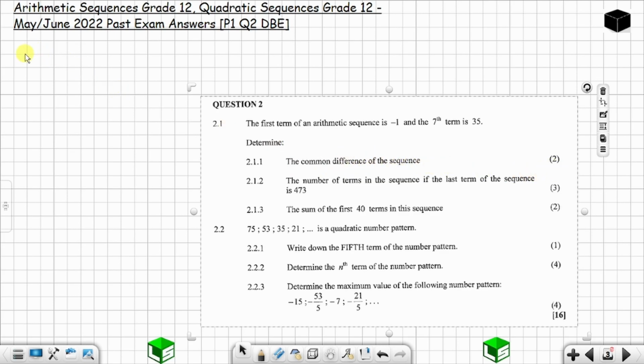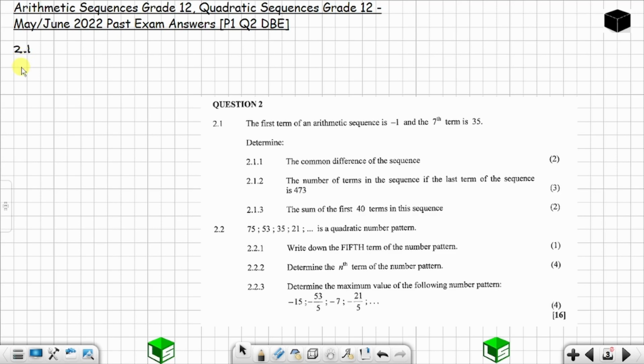You are given the first term, t1, which is equal to -1, and the seventh term, t7, which is equal to 35. The question is to determine the common difference of the sequence.